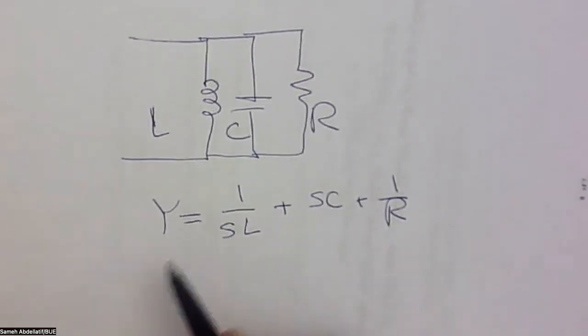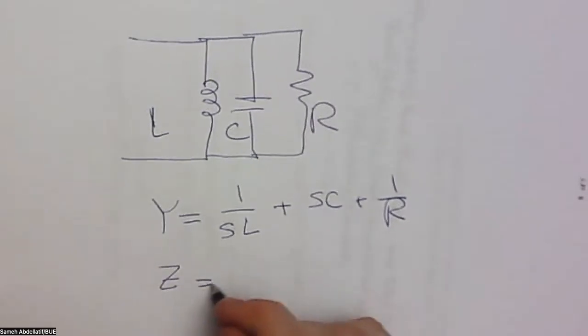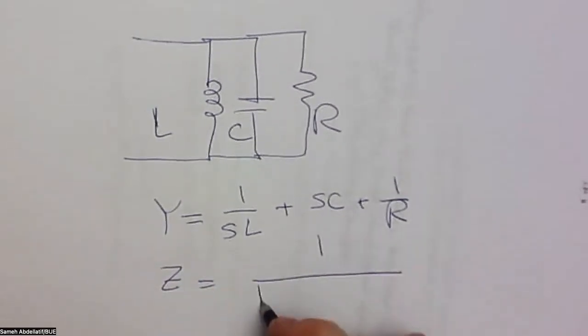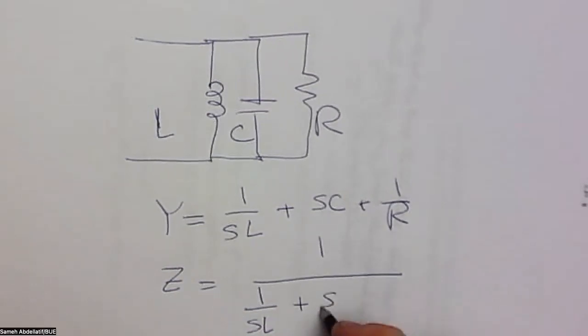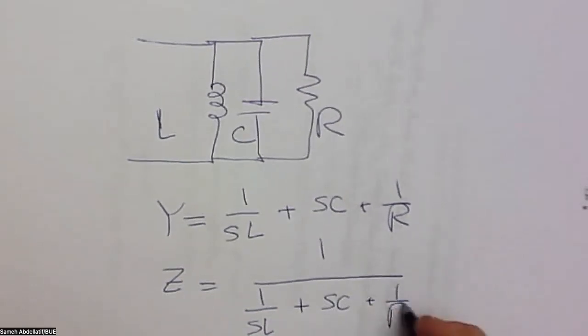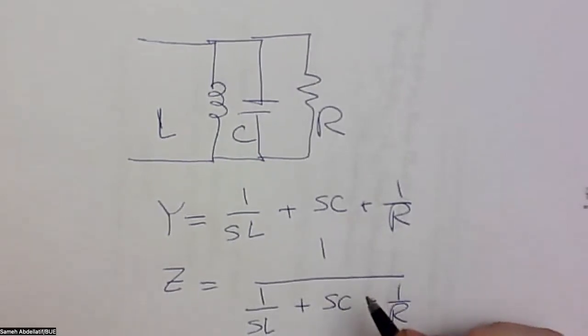So the impedance Z will be 1 over (1 over SL plus SC plus 1 over R). This is the equivalent Z for this circuit.